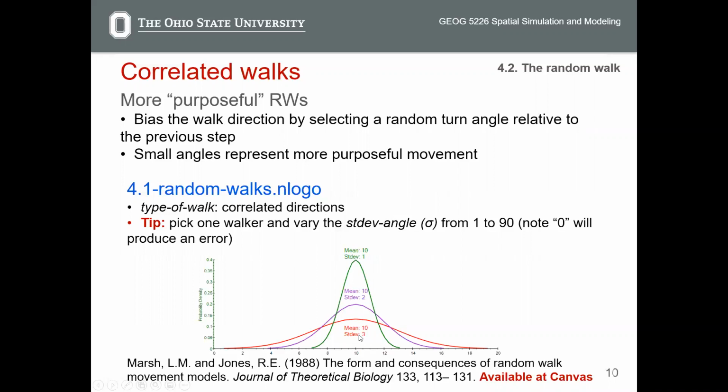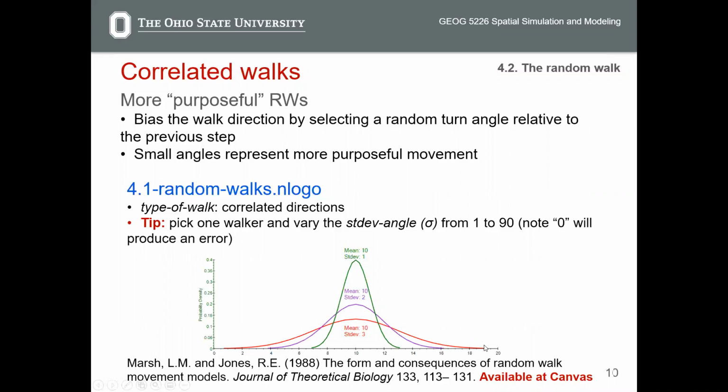Instead, if you assign 3 as the standard deviation, you will have this red curve for your normal distribution, which means that the turn angle the system chooses for you will vary from somewhere below 1 to somewhere above 19.